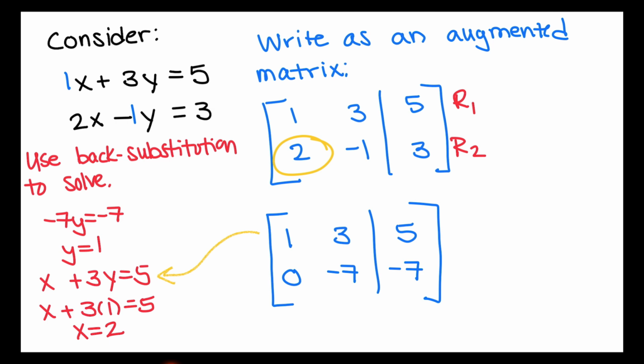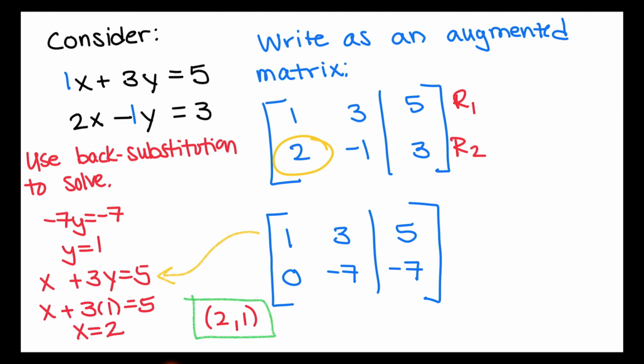Now, this seems like a lot of work for a system of two equations with two variables. Technically, we're using substitution, but we're writing it out a little bit differently. And so I think in this example, maybe this method seems like a lot of work just to get the solution. But where this method is going to make more sense is when we start solving bigger systems of equations.